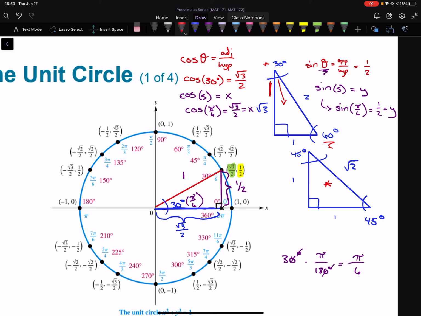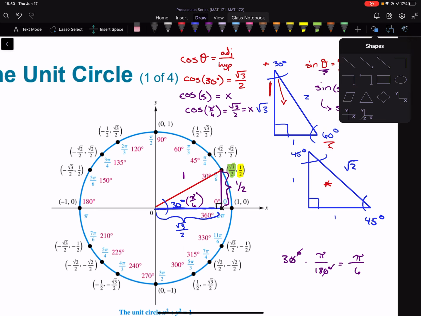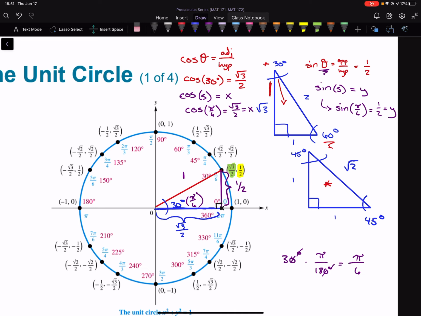All right, so what we'll do is we'll take a different color. Let's use black. We'll take a different color, and we will use 60 degrees as an example.